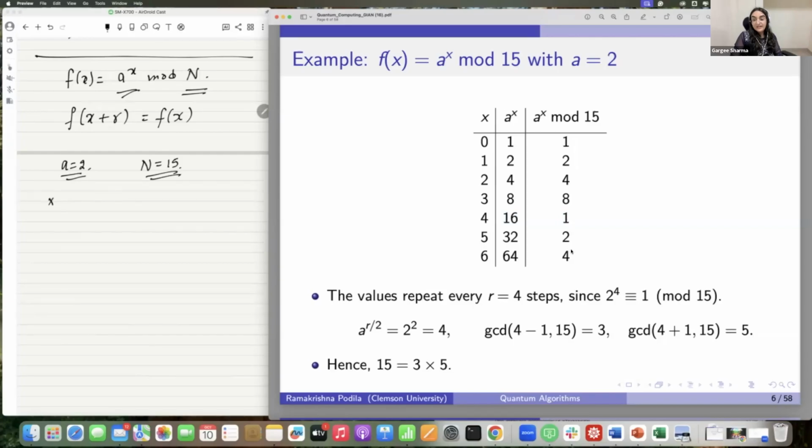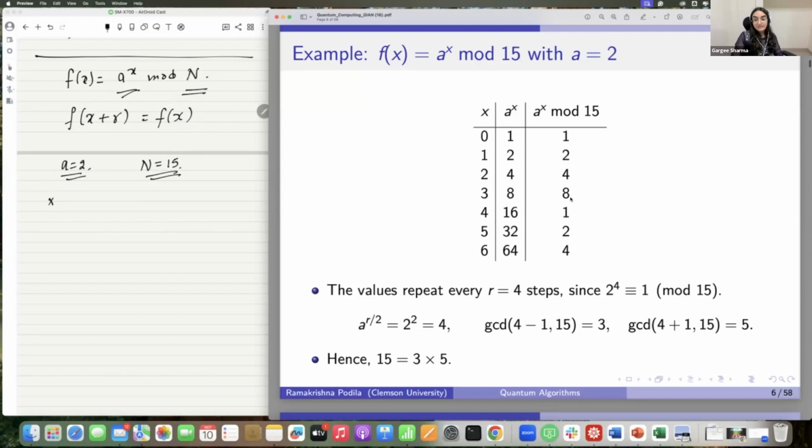So the function again repeats. That means you have found the period r. So the period of this function r is actually 4.